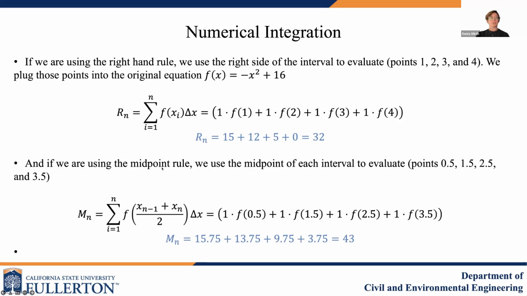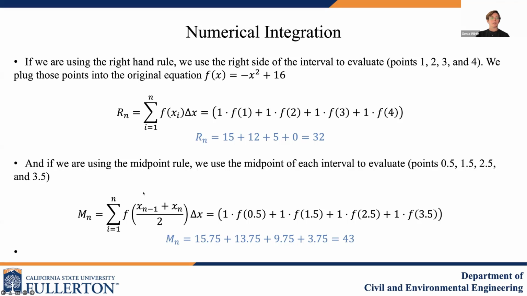Let's try to do this using the midpoint rule. For the midpoint rule, we use the midpoint of each interval to evaluate. So in this case, if you look at the formula here, we find the position x i minus 1 plus x i. If i is equal to 1 here, we would plug in i minus 1, or 1 minus 1 is 0, so that's the x0 position, plus x at i equal to 1, that's the x1 position.